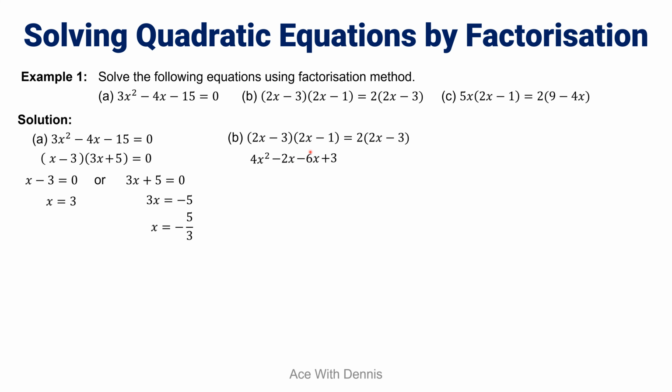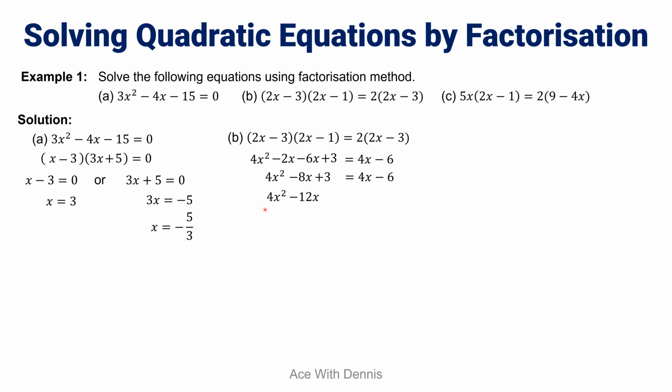Then I look at the x squared term, which is positive, so I will just keep this term on the left hand side. I want to make the right hand side 0, so I have to move these two terms to the left hand side. Negative 2x minus 6x gives negative 8x, and we copy down the 3.